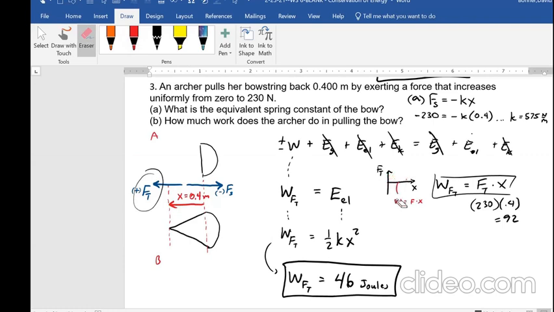As you stretch it, it gets bigger. So it's this shape, right? Where 230 is the maximum when it's at 0.4. So the work is 1/2 that maximum force times distance, only because it's that triangular shape. So this would be correct, right? 1/2 base times height, which would then make this 46.